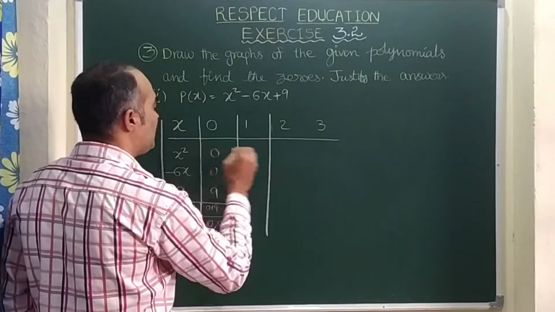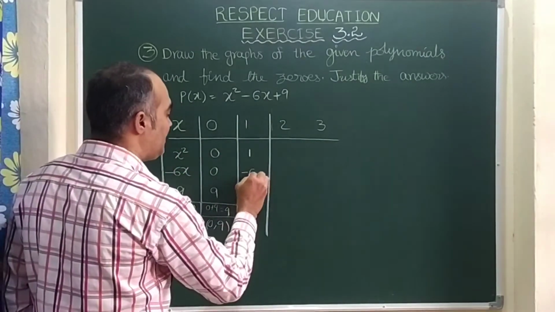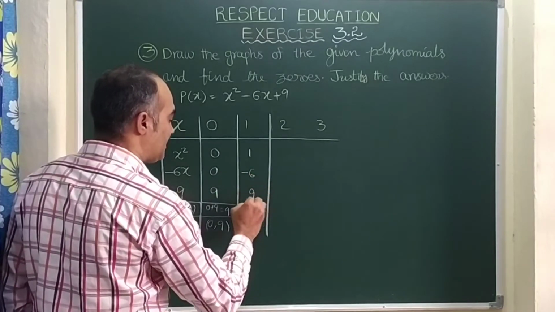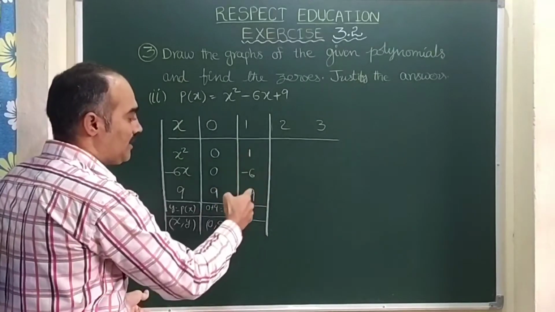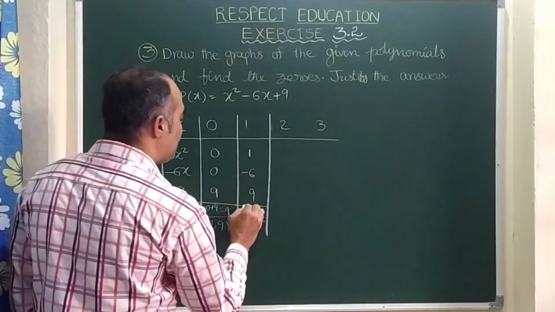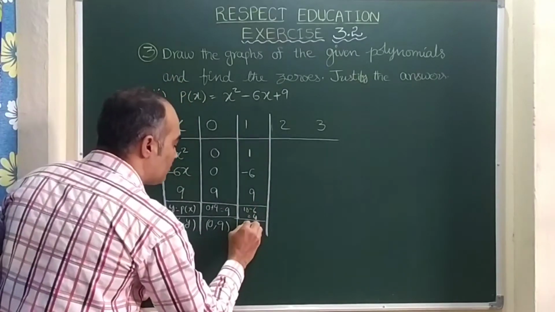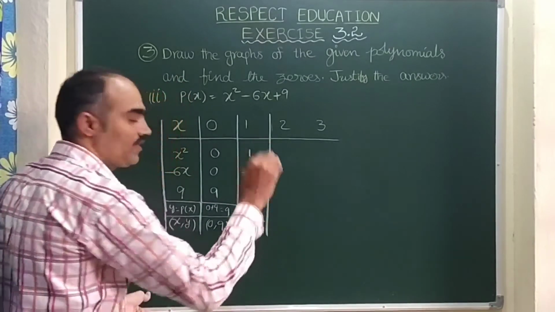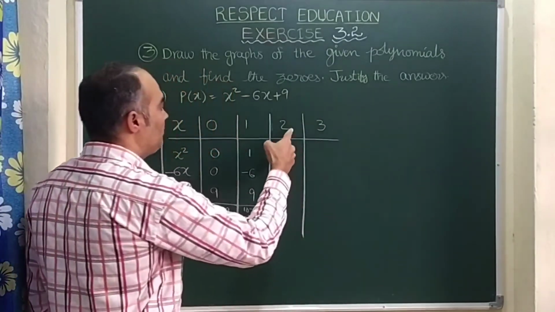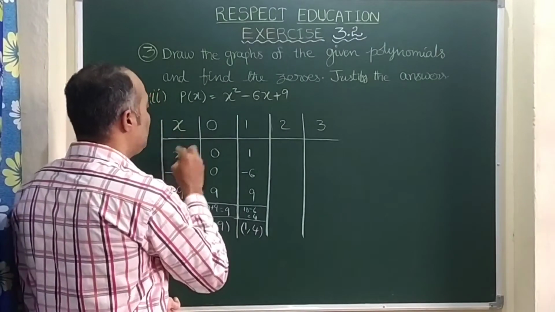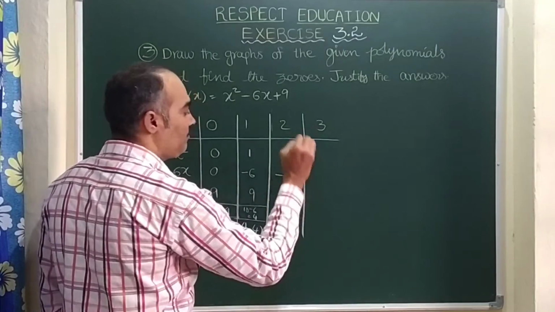That is 1, 1 square is 1. Minus 6 into 1 is minus 6. Let us write the constant 9 as it is. Now 1 plus 9 is 10. 10 minus 6 is 4. So I am writing 1 comma 4. Now third value, 2. 2 square is 4. Minus 6 into 2 is minus 12.